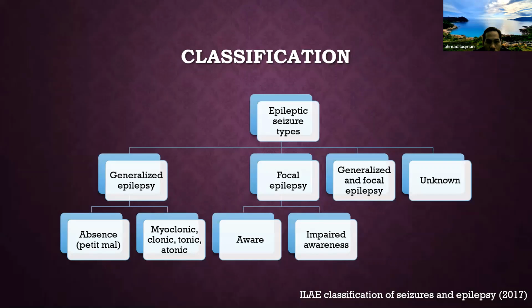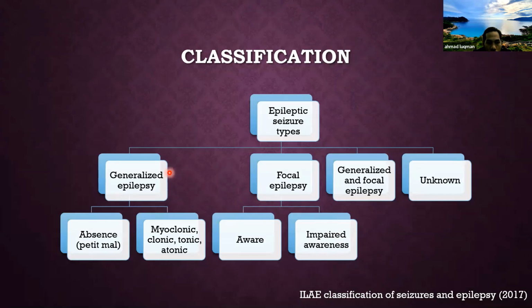So the classification of epilepsy by the International League Against Epilepsy in 2017 has categorized epilepsy into 4 major groups, which are generalized, focal, combined, and unknown epilepsy.